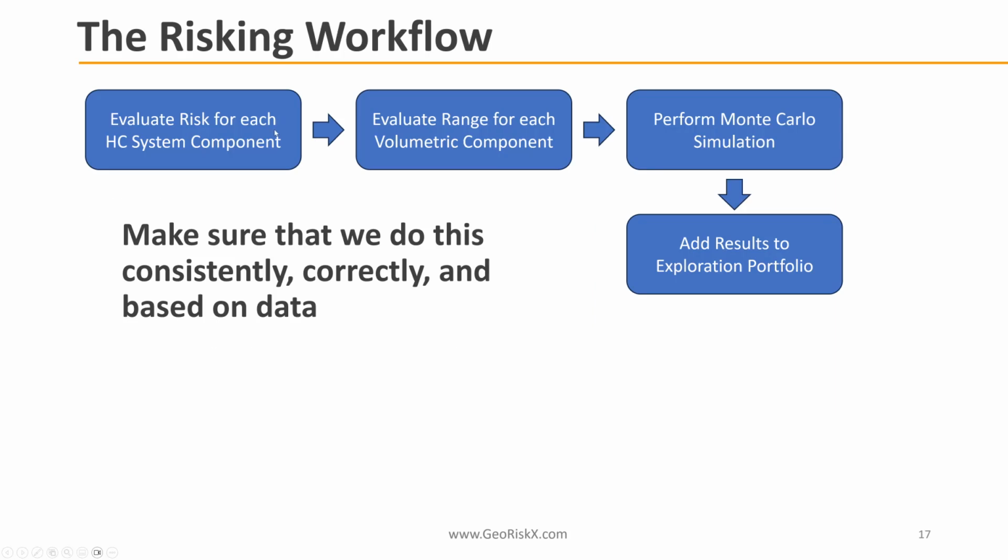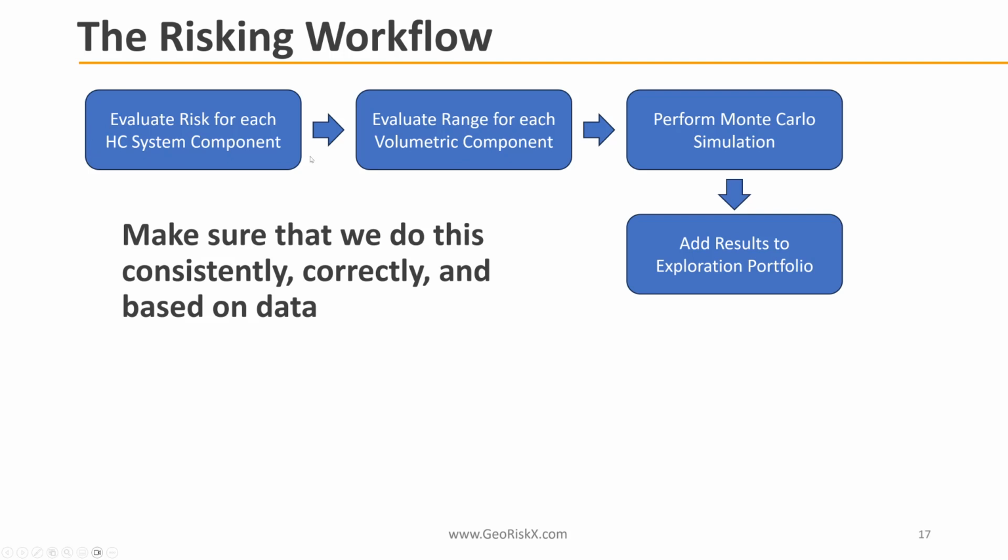And we are going to then roll those up and evaluate the joint probability to get that for our prospect as a whole. Now, one of the things that we'll talk about going forward is why it is critical that we do this in a consistent manner and that we try to impose a framework on our risking. But we will cover that in more detail later, but that is step one.